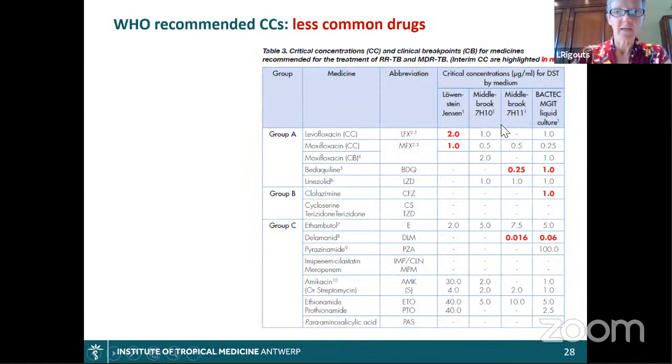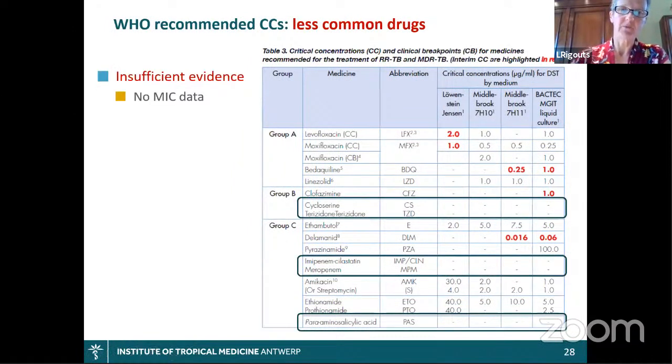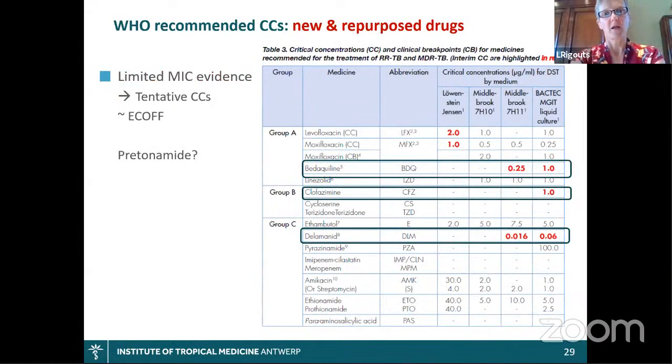So there are still some issues for many of the less common drugs from group B and C. There are no recommendations, mostly because there's insufficient evidence and no MIC data to support it.